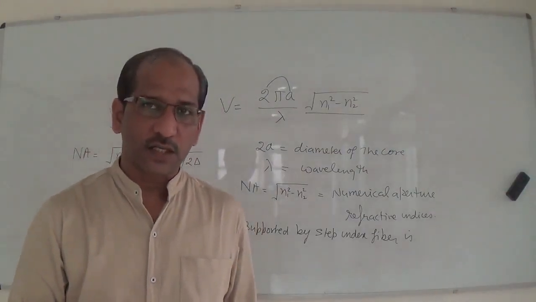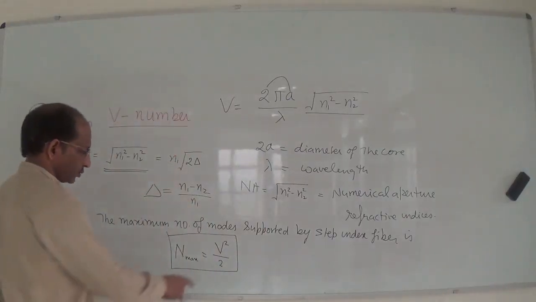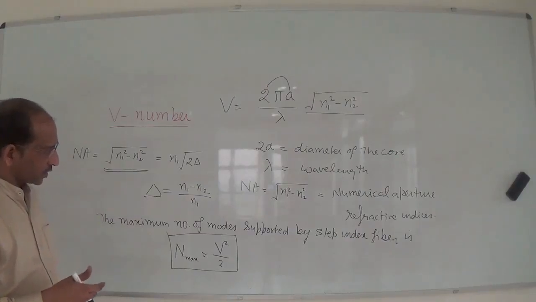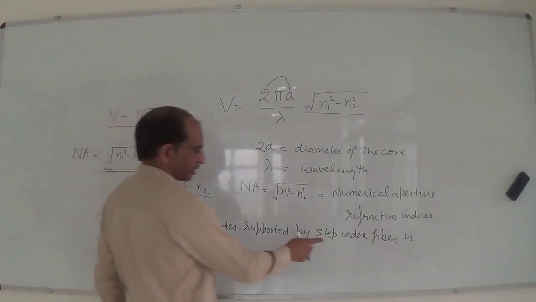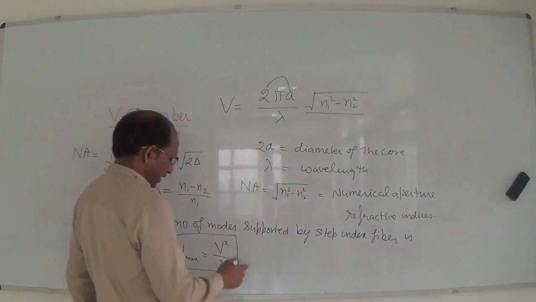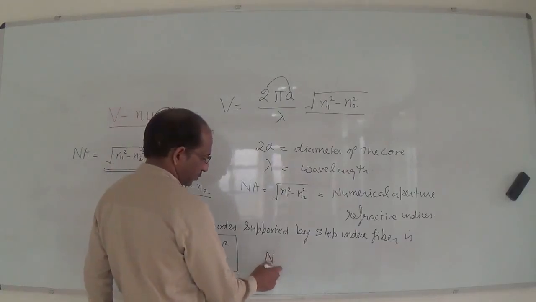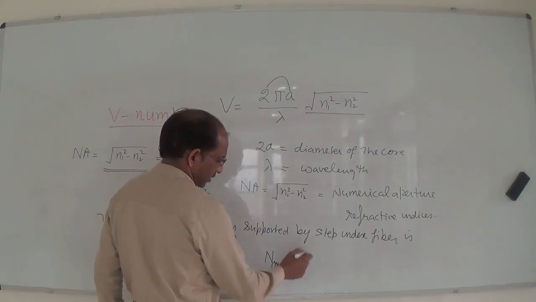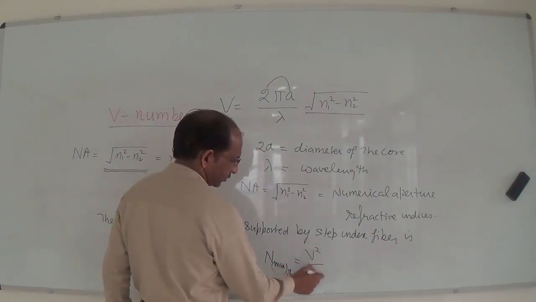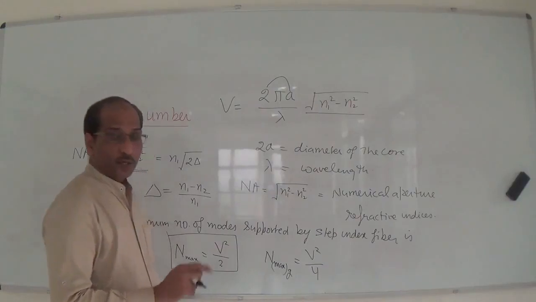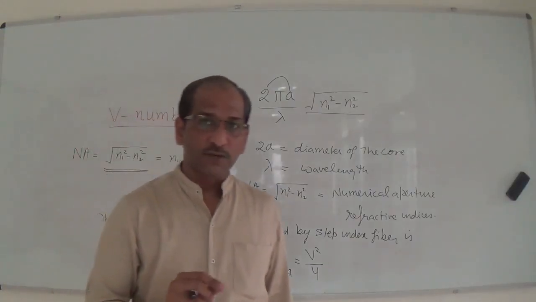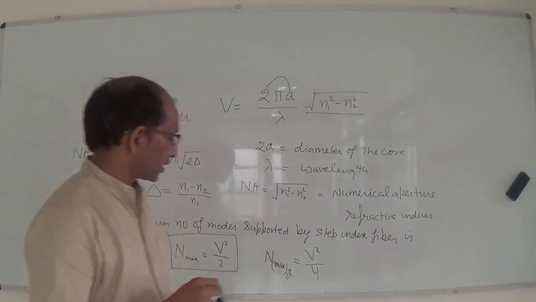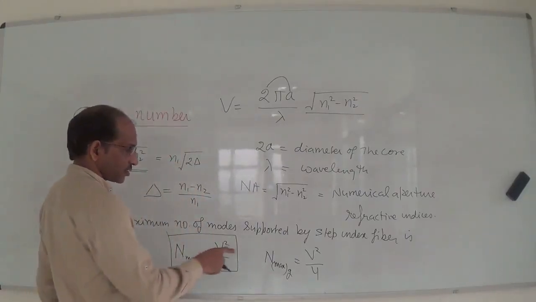Here I have kept the number 2 in the denominator, so it is basically for the step index optical fiber. And if I have to calculate it for graded index optical fiber, then it will be V square upon 4, when I am using alpha, the index profile parameter, that alpha is 2.